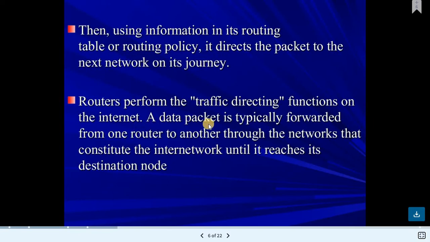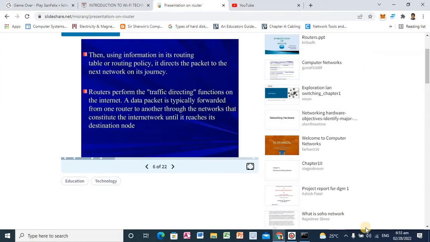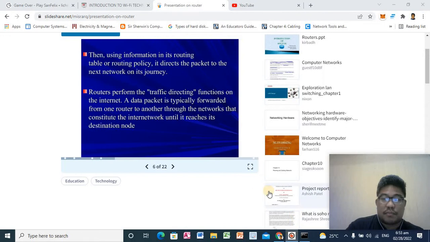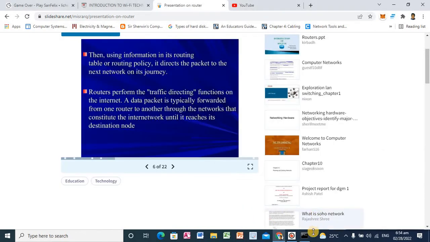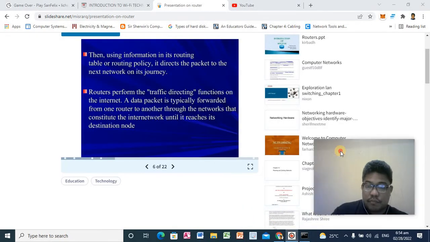A data packet is typically forwarded from one router to another through the networks that constitute the internetwork until it reaches its destination node, like the IP address of youtube.com a while ago, which is 142.250.204.142.